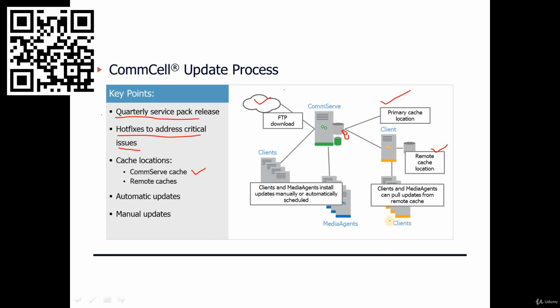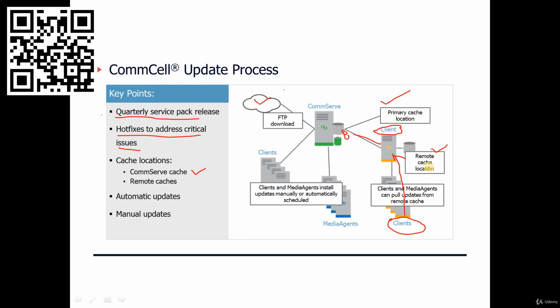If I don't want these clients to directly get updates from the CommServe in terms of their hotfixes, I can make this client a remote cache client so that these clients will actually get the data from here. And of course, this client will keep on syncing with the CommServe.